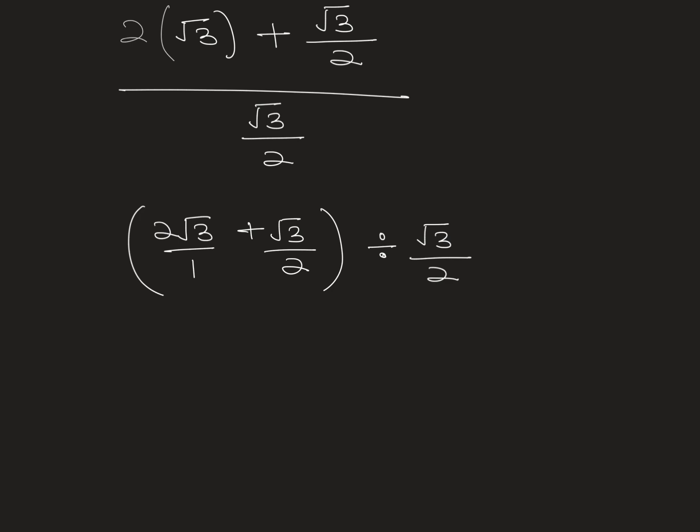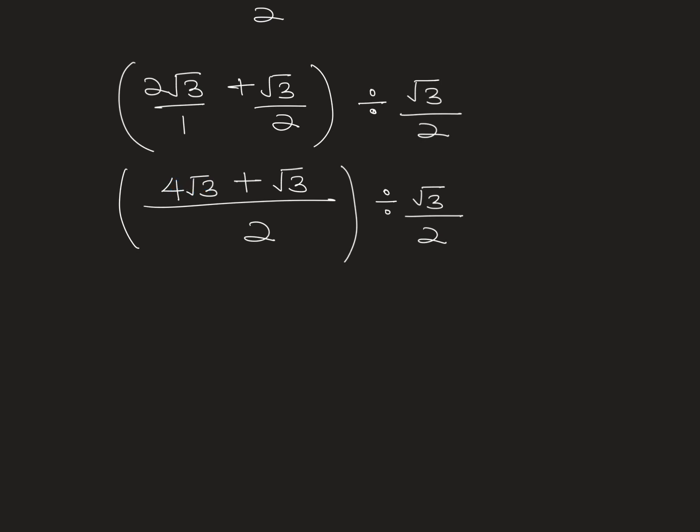What is going to be the LCM of 1 and 2? That is 2. 1 into 2 is 2 times. 2 times 2 root 3 is 4 root 3. Plus 2 into 2 is 1 times. 1 times root 3 is root 3. Divide this by root 3 over 2.